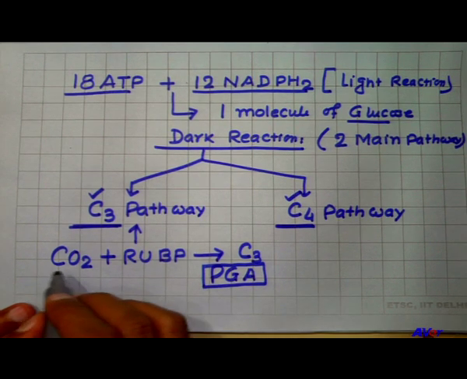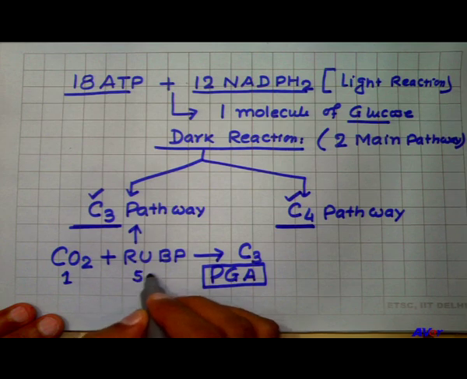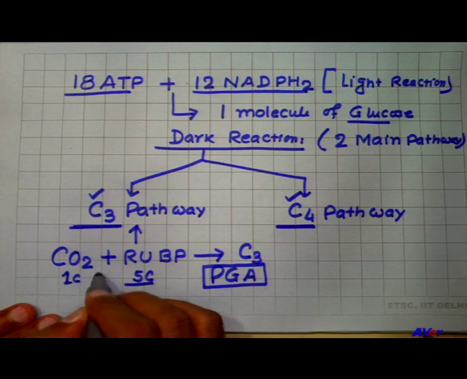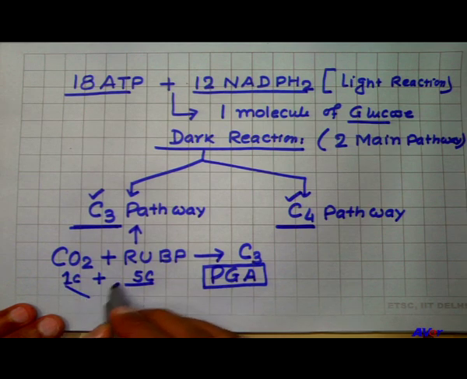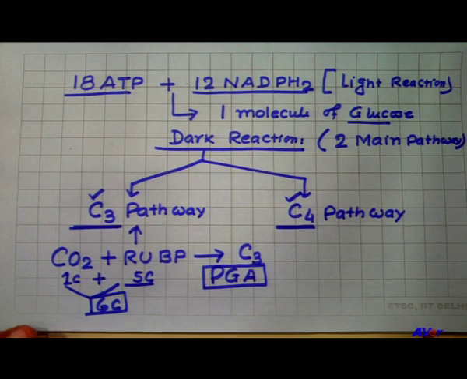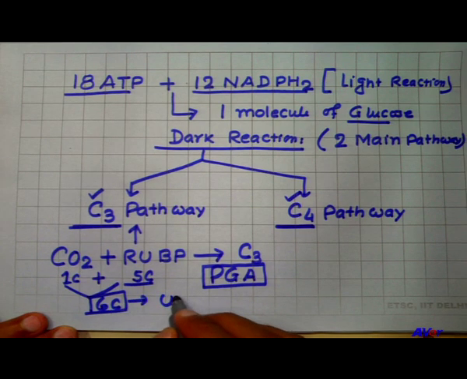Here firstly the carbon dioxide contains 1 carbon, and RUBP, we have already discussed, contains 5 carbon. The 5 plus 1 carbon combine to form 6 carbon. This 6 carbon compound is a keto acid, it is unstable.